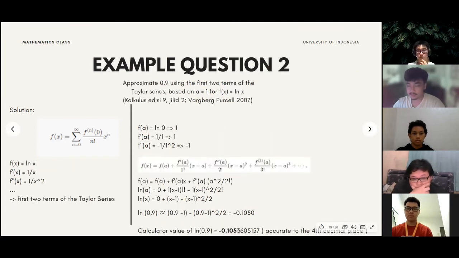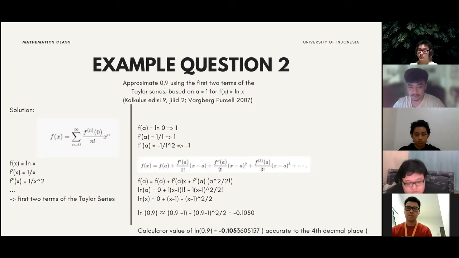This is our second example question. It's from the Calculus Weber Purcell book. We approximate 0.9 using the first two terms of the Taylor series, or n equals 2, based on a equals 1 for the function f(x) equals ln x. We use again the Taylor series formula to find the first and second derivatives, and then we replace x with a, which equals 1, resulting in 1, 1, and minus 1.